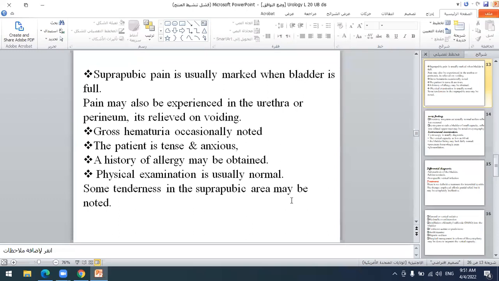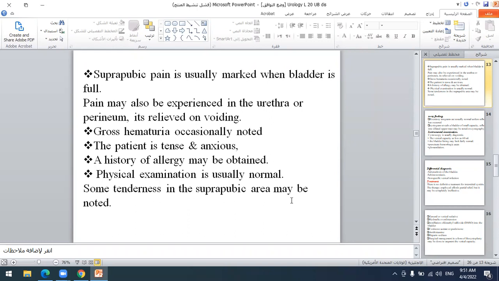Suprapubic pain is usually marked when the bladder is full. Pain may also be experienced in the urethra or perineum. It is relieved on voiding.